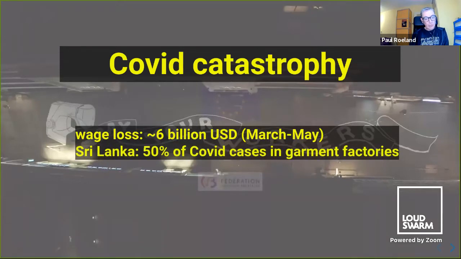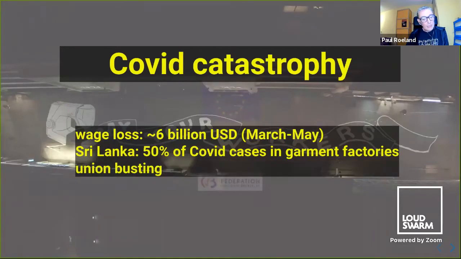But other problems also really pop up. For instance, in Sri Lanka, 50% of all recorded COVID cases take place in garment factories because they are crowded, they are not well ventilated, and people were forced to show up to work. We've also seen a lot of union busting under the cover of COVID, where factories use this situation to basically sack people that try to form a union.